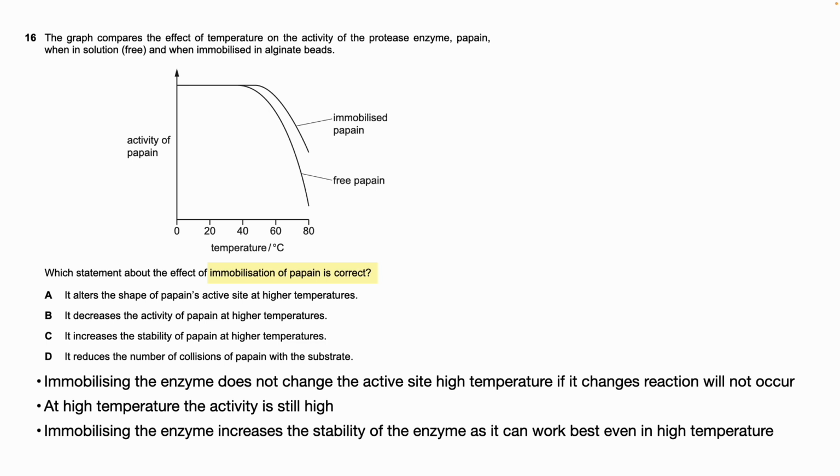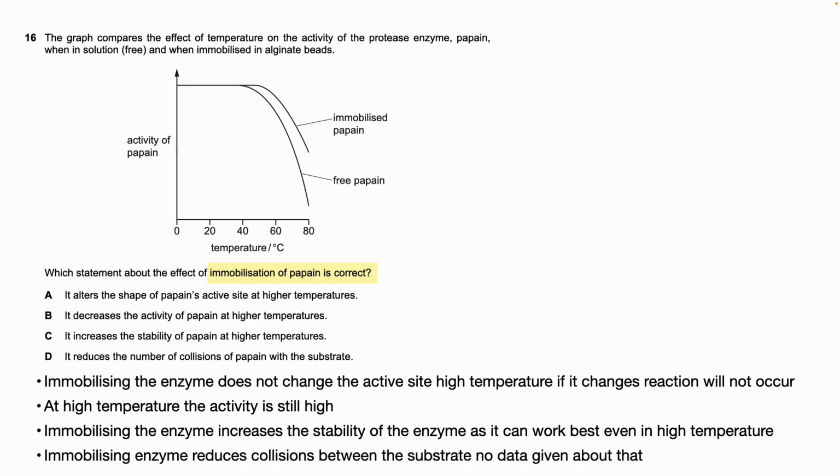As you can see, the free peptide enzyme is about to reach 0 at 80 degrees Celsius, but the immobilized peptide enzyme is still at a great height. Then, immobilizing reduces the number of collisions of peptide with the substrate.